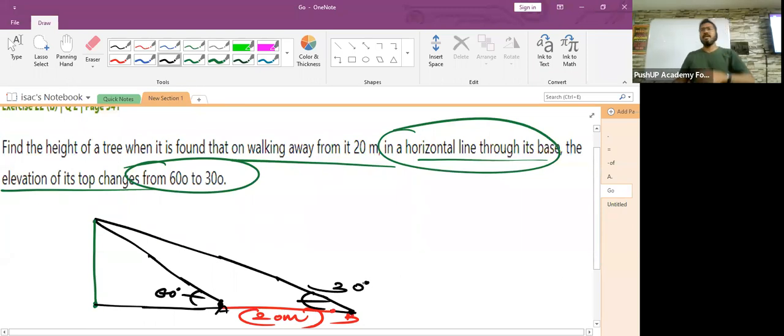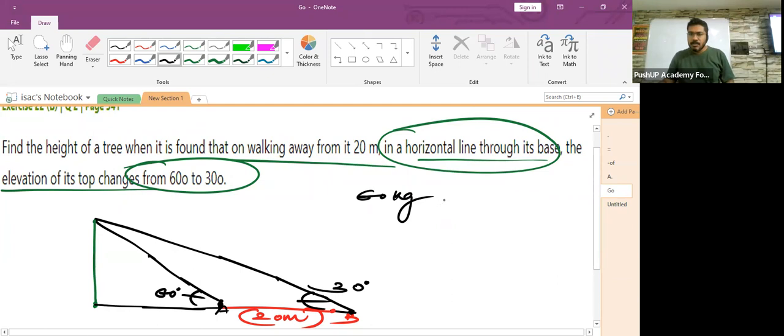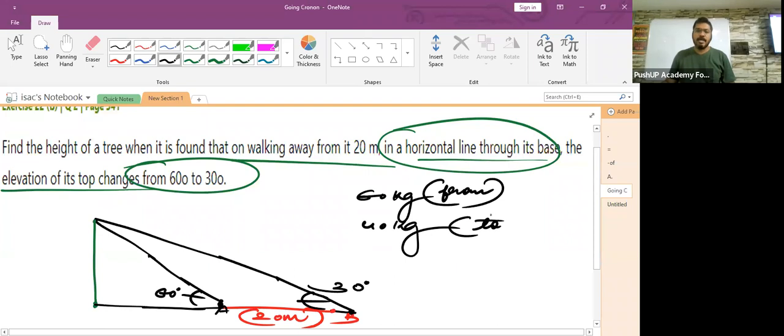Imagine Milan plans to reduce his weight. Right now, Milan's weight is 60 kgs. He went to the gym, did workout for 6 months, and reduced his weight to 40 kg. So right now, how much is Milan's weight? 40 kg, from 60 to 40 kg.